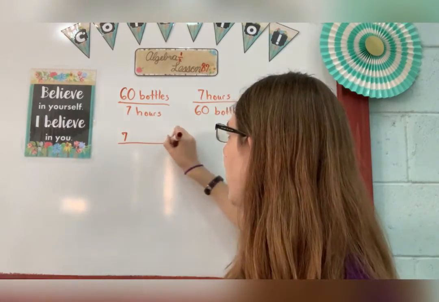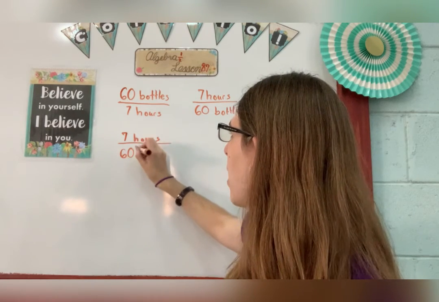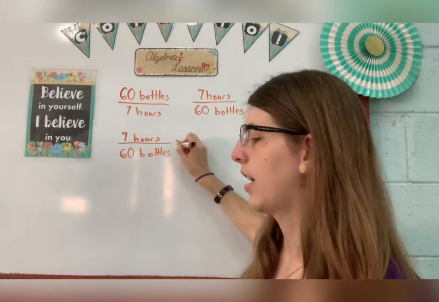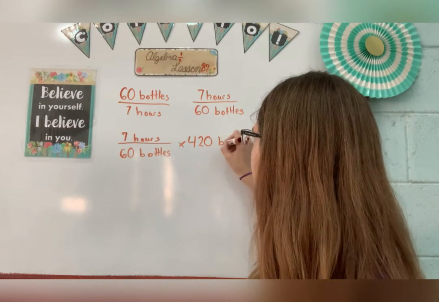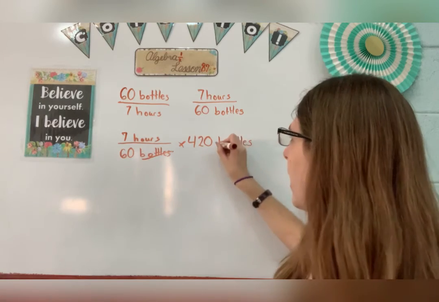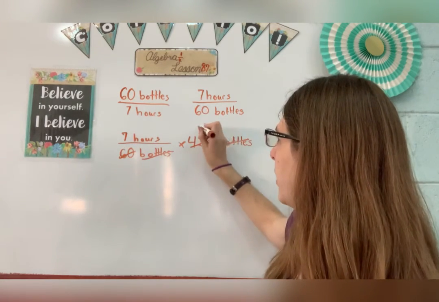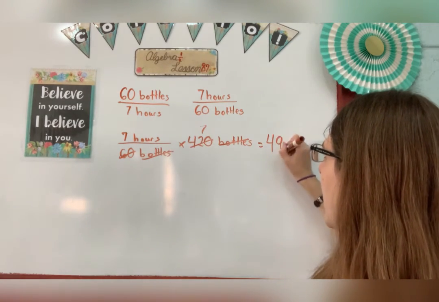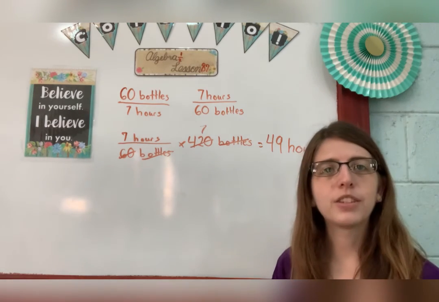So I have 7 hours over 60 bottles times 420 bottles. My bottles cancel out, so does my 60 and my 420. This becomes a 7. 7 times 7 is 49. So I get 49 hours when I work it as a rate.